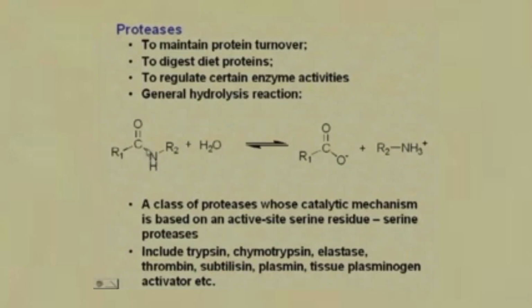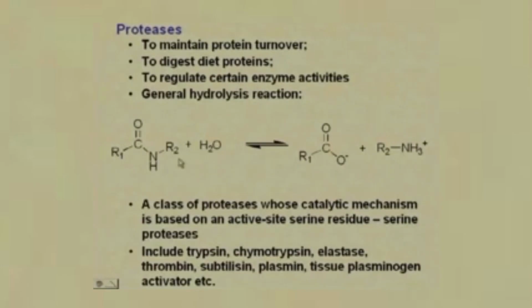Now, this peptide bond is essentially going to be cleaved. When it was formed, if you remember, the NH2 and the COOH of two amino acids linked up together to form the peptide bond with the release of H2O.